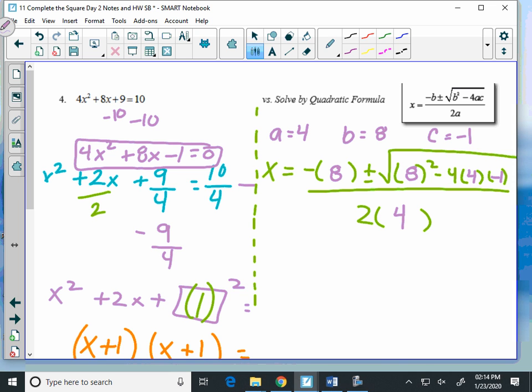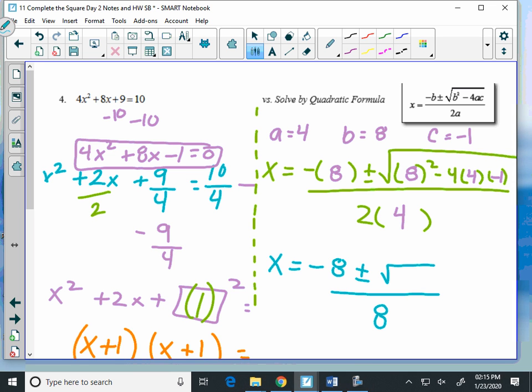A goes there. So then x equals negative 8 plus or minus the radical, all over 8. And then what do we get underneath our radical?